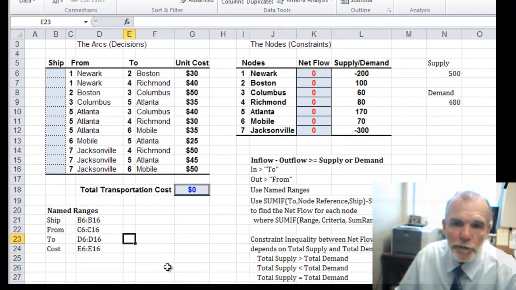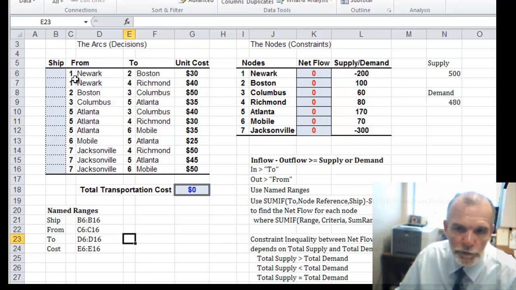Now let's look at a way that we might set this up so that we can do our analysis. For each of those circles, we've given that circle just a number to represent it. So Newark has the number 1 and Boston the number 2 and so forth. And then for each of those arcs, we represented where it starts and where it ends.